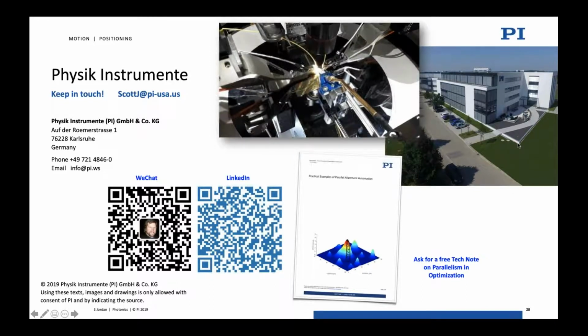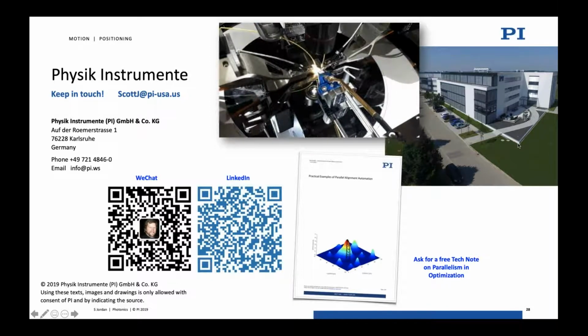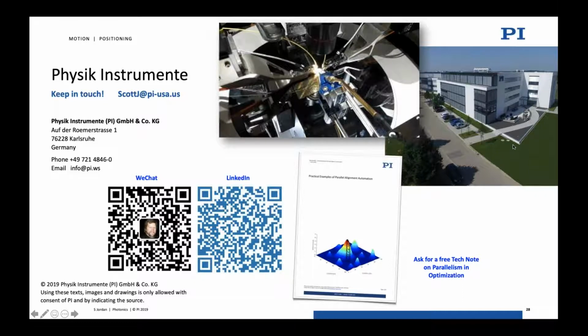Okay, Joseph had a question. I'm confused as to how the loop optimization works. Is the optimization limited by the bandwidth? It is. Can I push a rope? If the stage is slow, then you can't do fast things with it. That's why we use the nanocube. The nanocube is a device with 100 microns of travel, X, Y, and Z. We also have an XY one, and very, very fast.